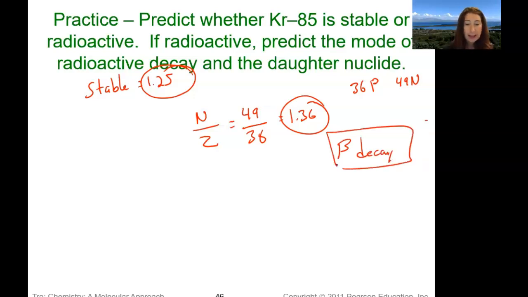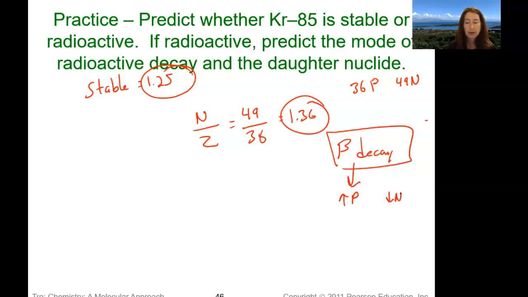Remember, if the N/Z ratio is too high, it undergoes beta decay. That is going to reduce our N to Z ratio. You can either work through the beta decay and see it, or just remember that beta decay increases a proton and at the same time decreases a neutron.